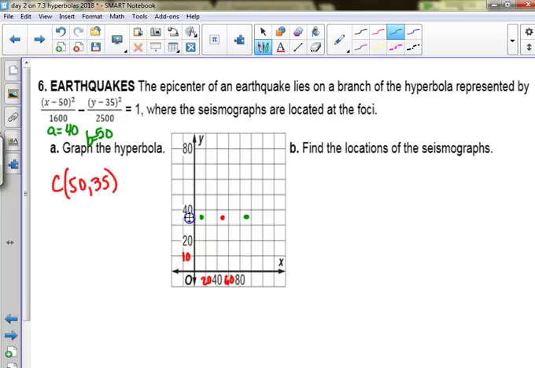We're at 35. If we go up 50, we're at 85. If we go down 50 from 35, we're off the bottom.